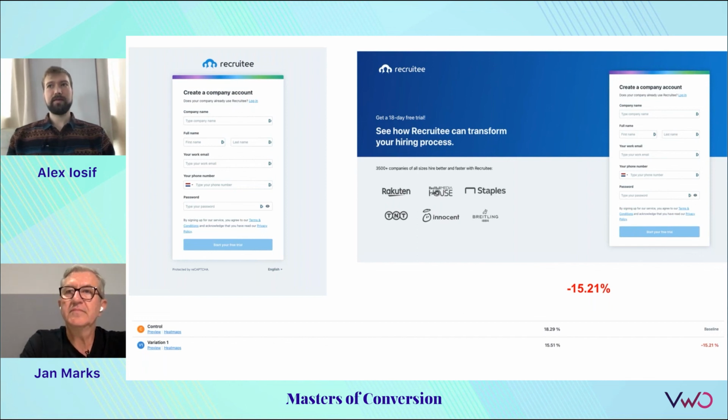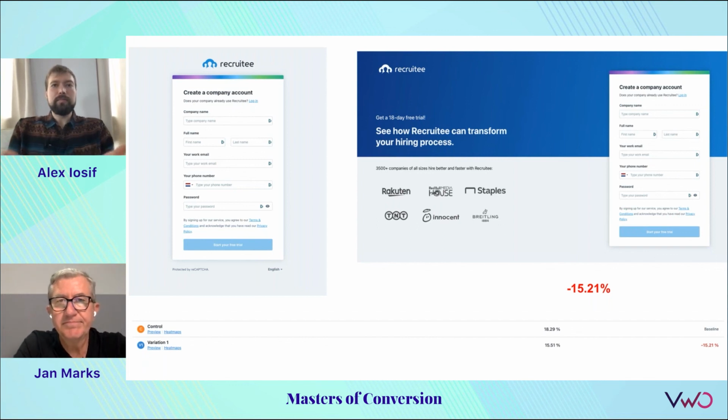It is true that any tool might call your test significant with, say, 150 conversions, and the data will check out if you put it into one of these conversion calculators. But I say wait, if you have more time, to get to like 300 conversions or so, and call it then, because it will still be significant if it is.